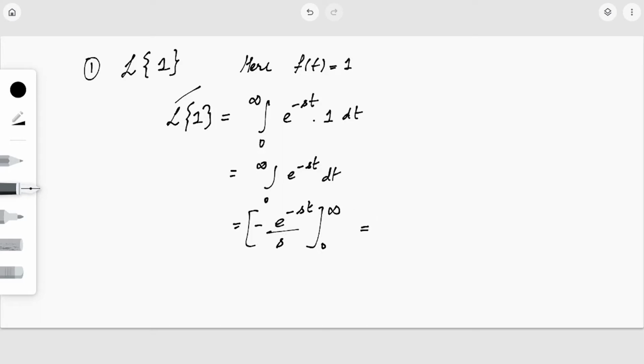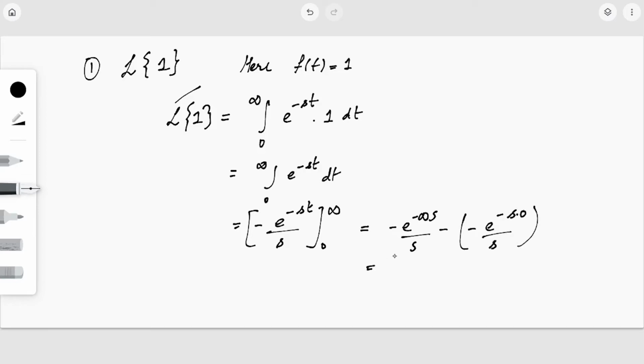Now we know e raised to minus infinity is 0, and e raised to 0 will be 1. So this will be actually minus of e raised to minus infinity into s by s, I'm just writing to make it clear, minus e raised to minus s into 0 by s.